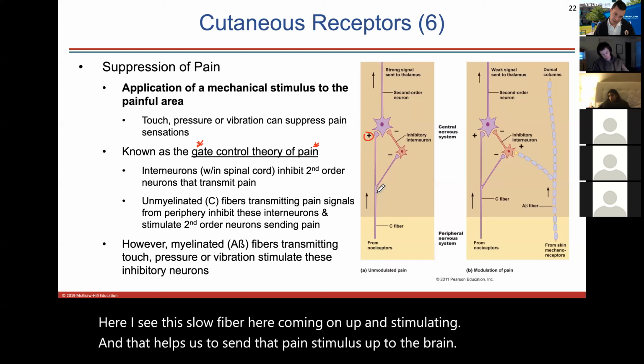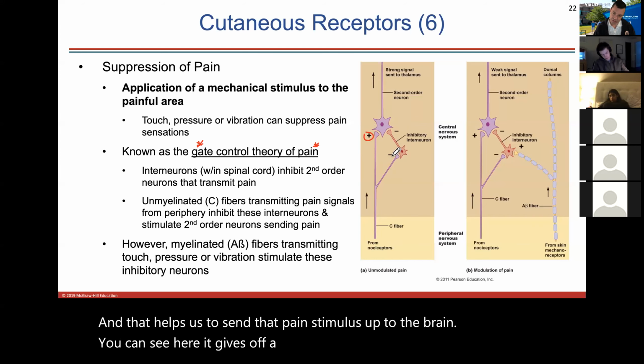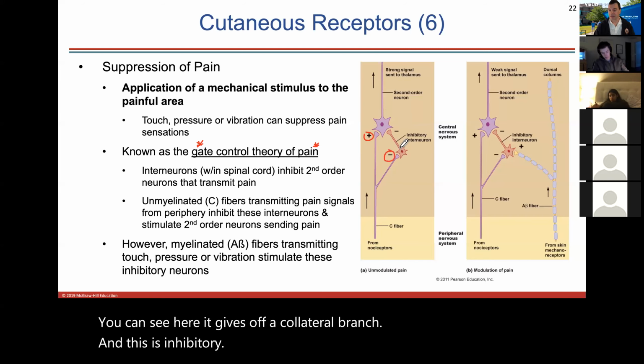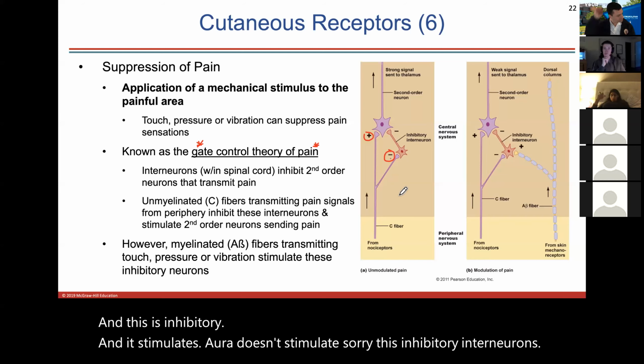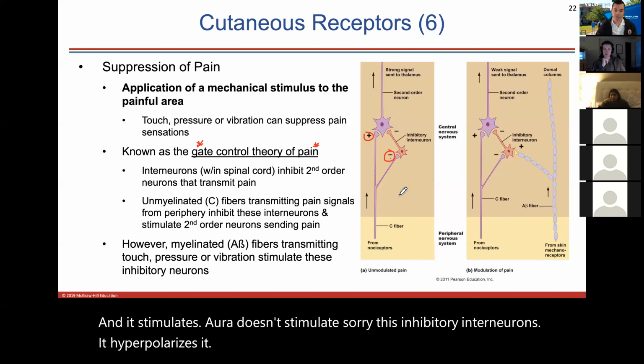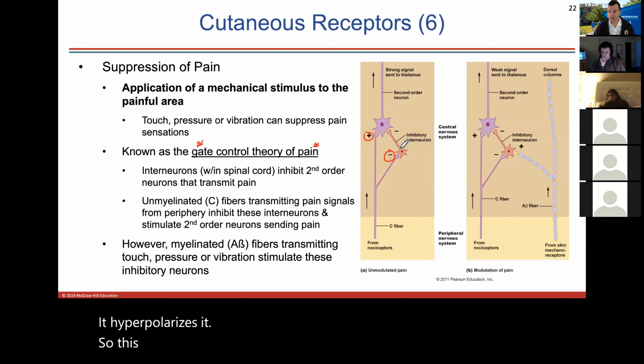You can see here it gives off a collateral branch. And this is inhibitory. And it stimulates, or it doesn't stimulate, this inhibitory interneuron. It hyperpolarizes it. Okay. So this thing is not stimulated. We have a number of fibers, mechanoreceptors.